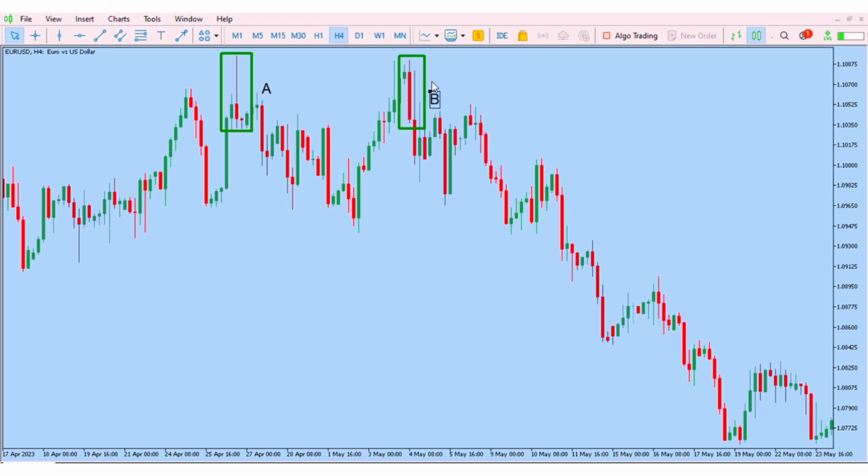We will name this B. Now, take a closer look at this market chart while we compare the price actions that happened here.